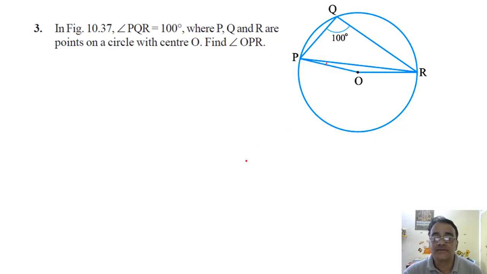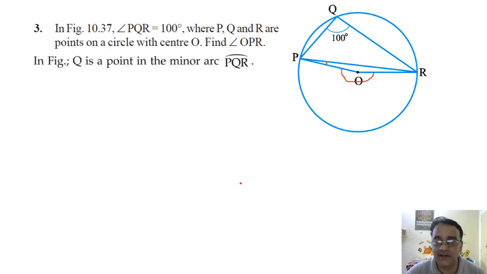So how will you start this question? Angle PQR is 2 times angle POR. No, half. How 2 times? This angle is 2 times. Yes, reflex angle. This reflex angle POR is 2 times angle PQR.